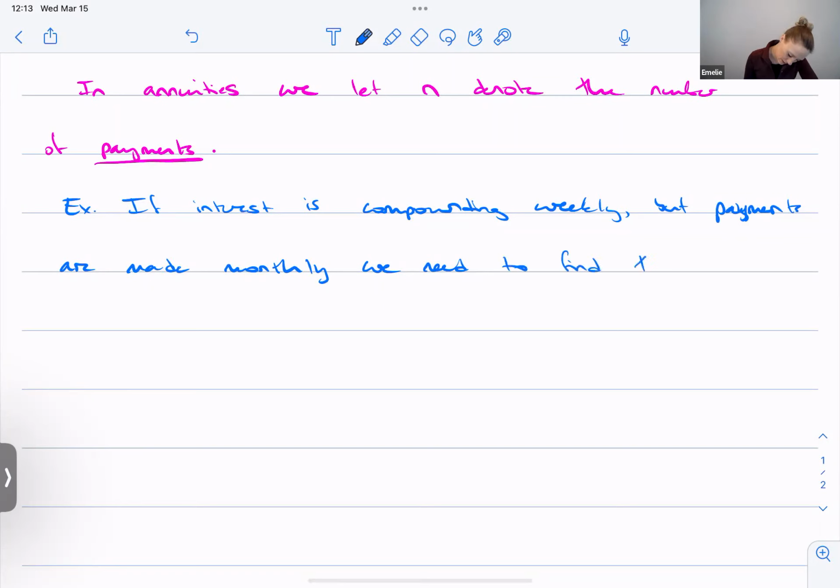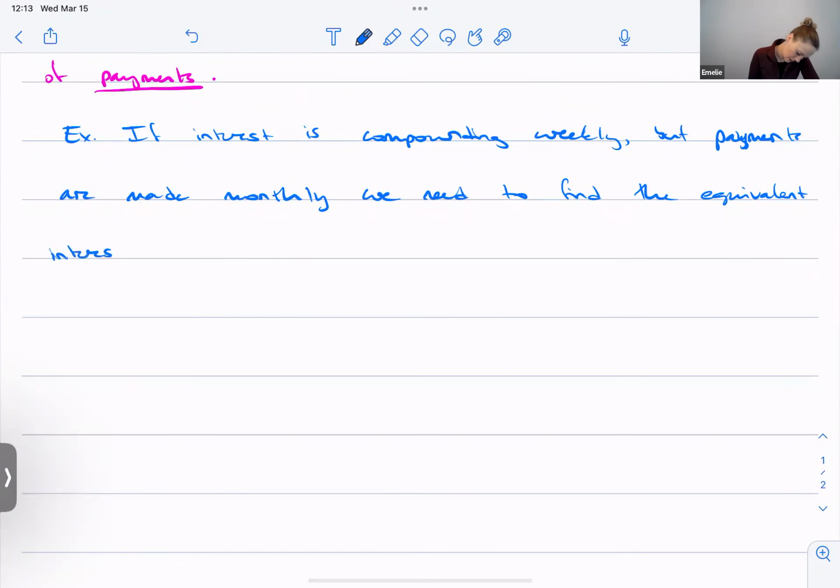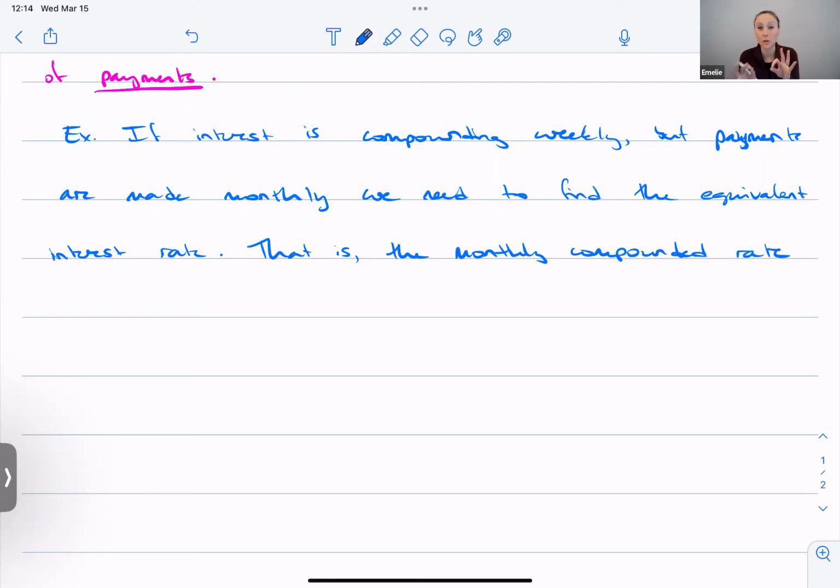We need to find the monthly compounded rate equivalent to the weekly compounded rate.